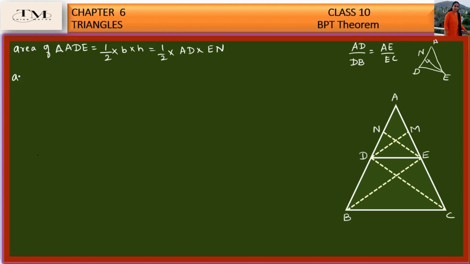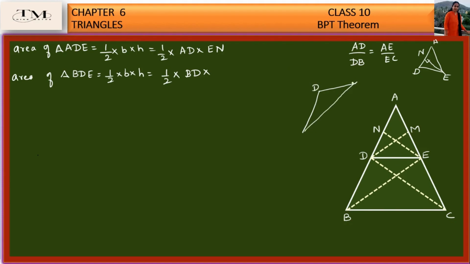So area of triangle BDE is also half into base into height. Half into, what is the base here? Base is BD. And what is the height? Is it DE? No, it is not DE, because if you consider this triangle BDE, it is of the form this way.